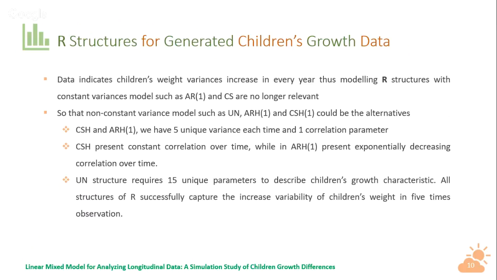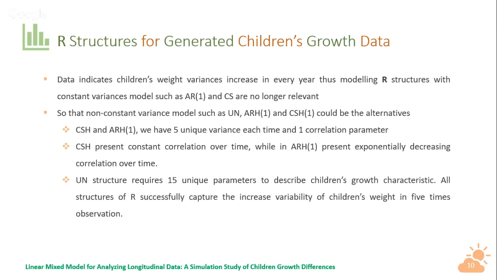But in the first paper, we no longer use the AR1 and CS models since the variance is no longer relevant. We know from the graphic that the variance is bigger in the fifth year.